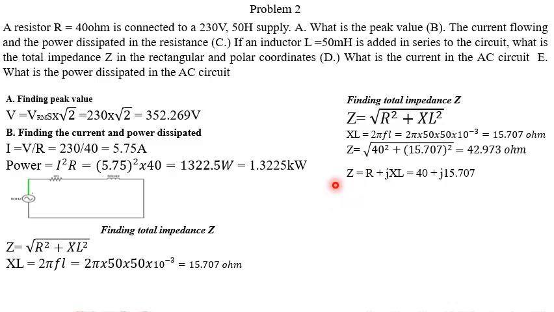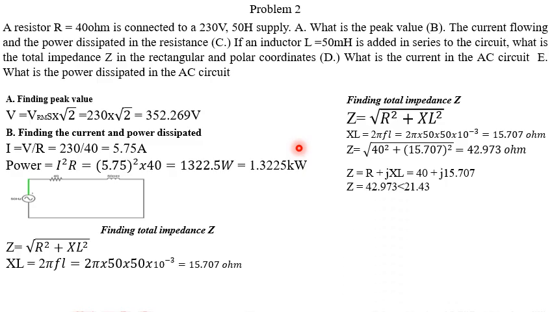The inductor and the capacitor are always the complex component, and that is where you add the j. So we have 40 plus j15.70. This is the rectangular form.